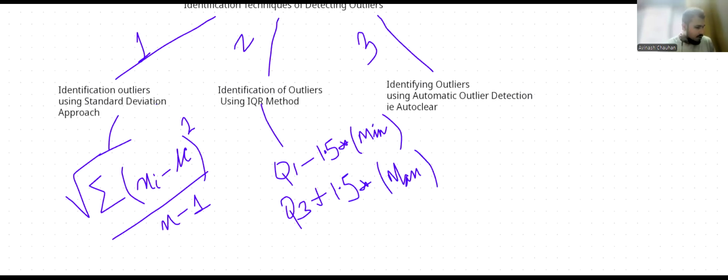So I hope you have understood this. What's the meaning of IQR as well?